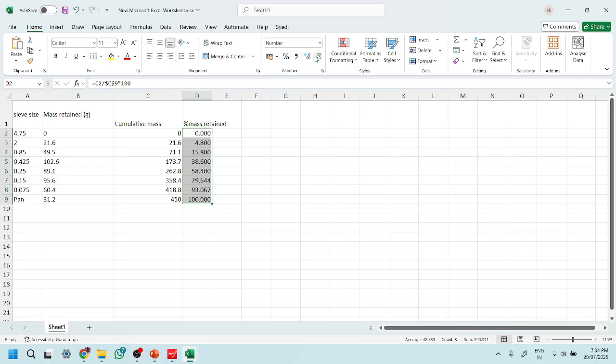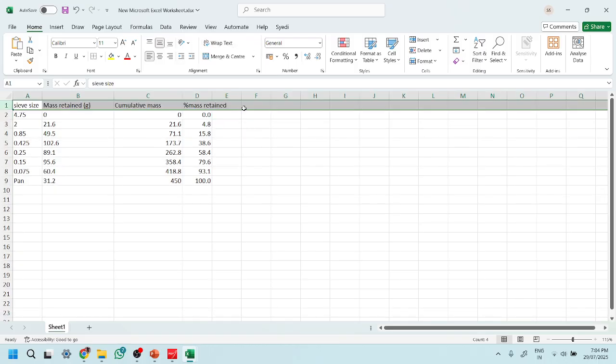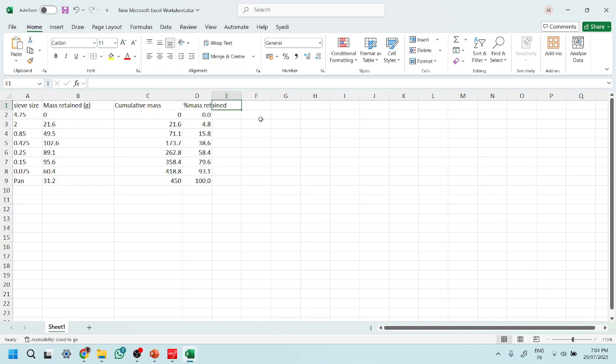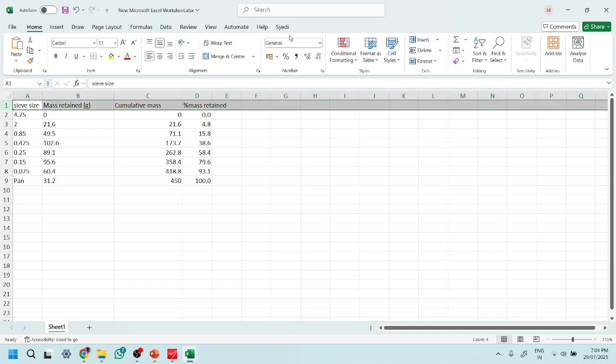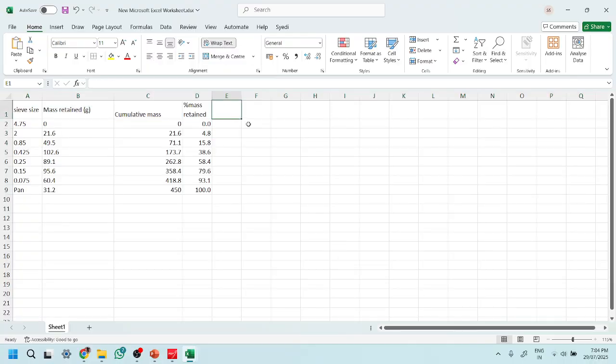Then we will have percentage finer. Percentage finer than will be 100 minus percentage retained.